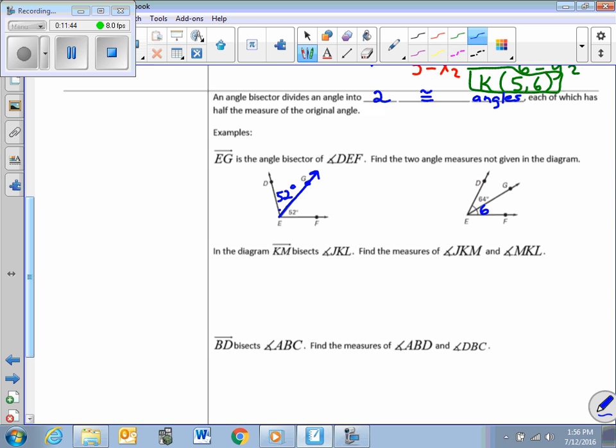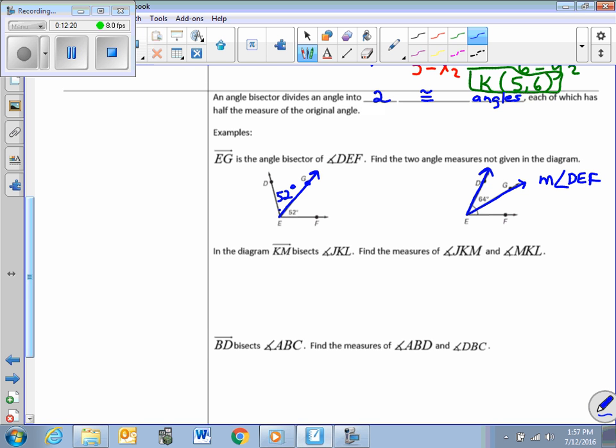And in this case, if EG is the angle bisector, then I think that's 64 degrees. Well, this is not a great picture. So here's what I know. If the measure of angle DEG is 64 degrees, then I know that the measure of angle GEF has to also be 64 degrees. But it looks to me like it's too small. So let's write this down so we don't get confused. We're going to assume that 64 degrees is the measure of the whole angle DEF.